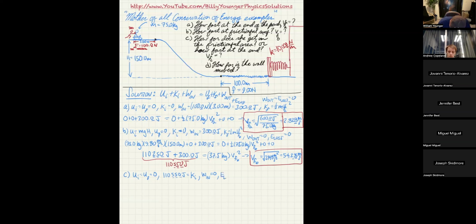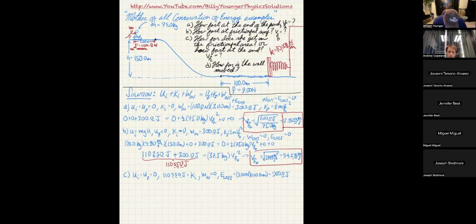E loss is equal to 9 newtons times 100 meters, which is 900 joules. Notice that 900 joules is well under the 110,000 joules we have going in, so we know for a fact that it's going to make it completely across.